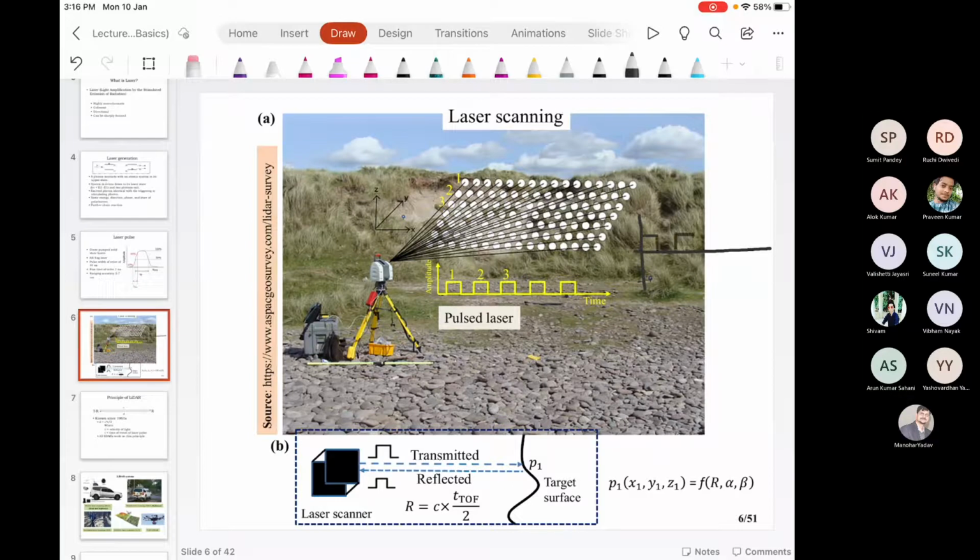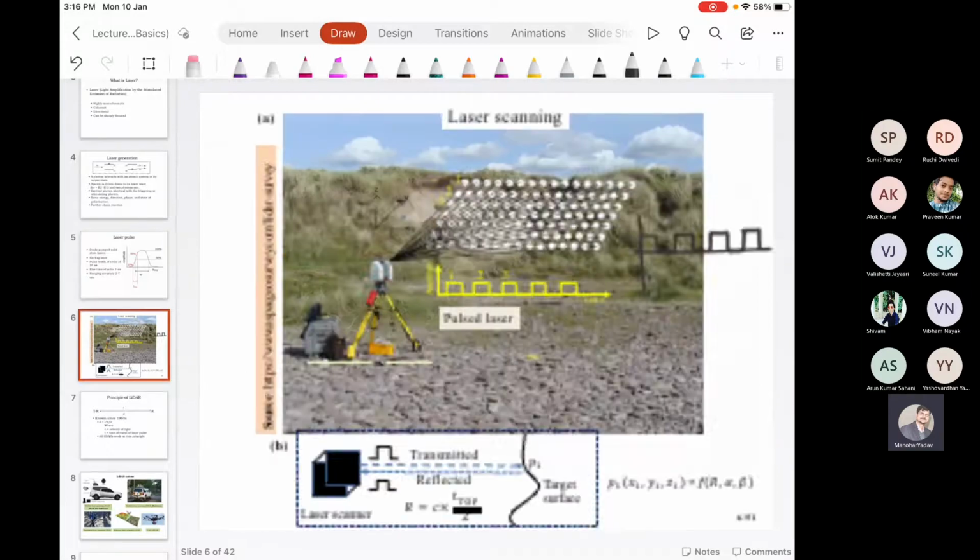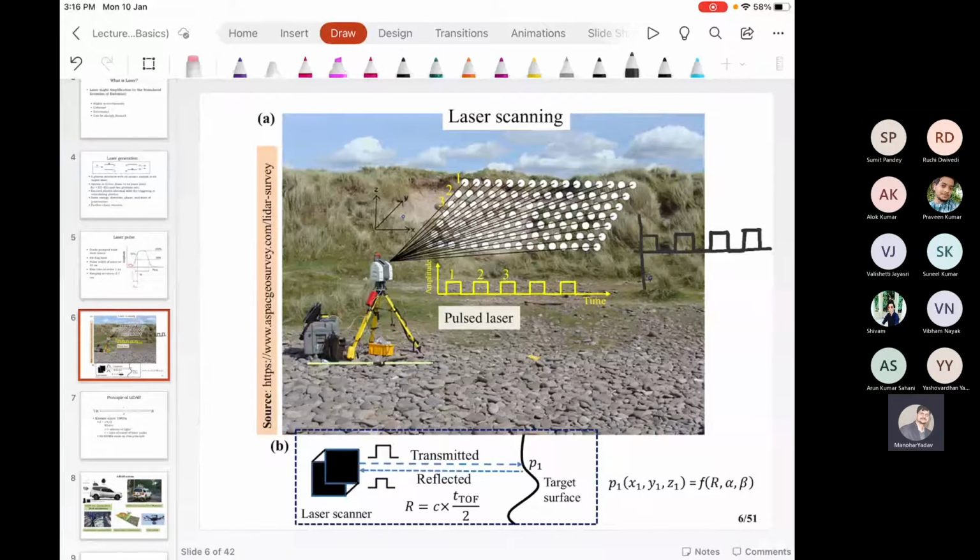In practical cases, we can't generate an exact square pulse, so it is Gaussian in nature, as already discussed previously. So this will be the shape of one particular laser pulse. A series of laser pulses are generated at a particular rate. So this is one type of laser beam.